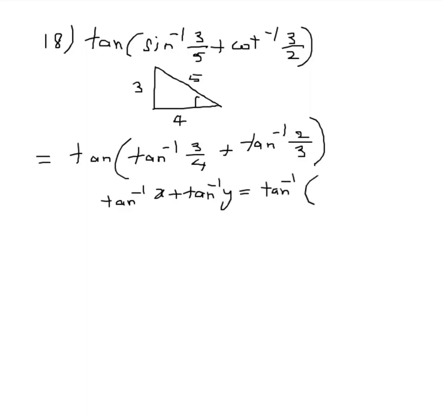Tan inverse of x plus y divided by 1 minus xy, where xy is less than 1. Check whether the condition is satisfied. Our x is 3 by 4, y is 2 by 3. Yes, product is less than 1. So I can use this formula.